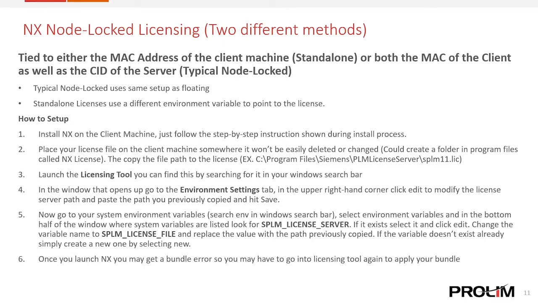Now, the setup for this is very straightforward. For MAC address, it's exactly the same as what it was for floating for NX. The only difference is when you go to apply your bundle, you'll have that extra license available. You would select that one, because if it's locked to your machine, you're probably going to be using that one only. Then for the standalone setup, you just install NX on your client machine and follow the step-by-step process.